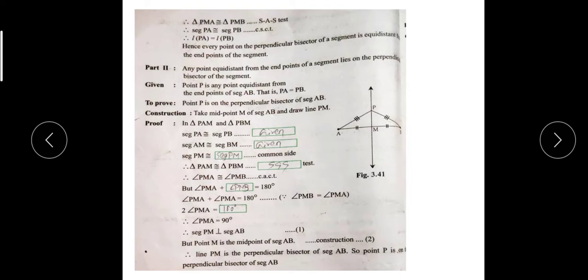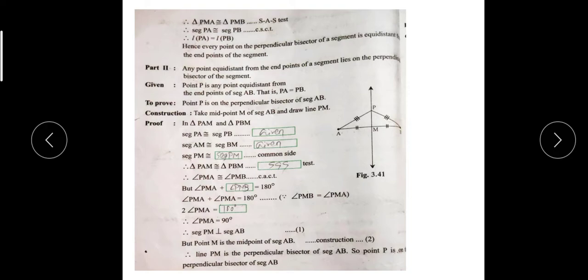Now the second part. Any point equidistant from the endpoints of a segment lies on the perpendicular bisector of the segment. Now listen. It is equidistant, that we already know. This is given.